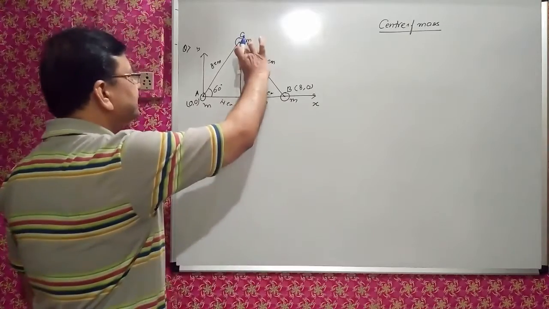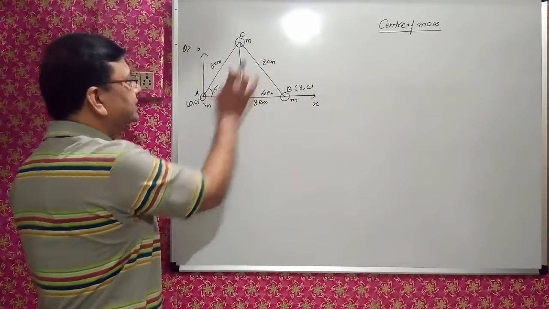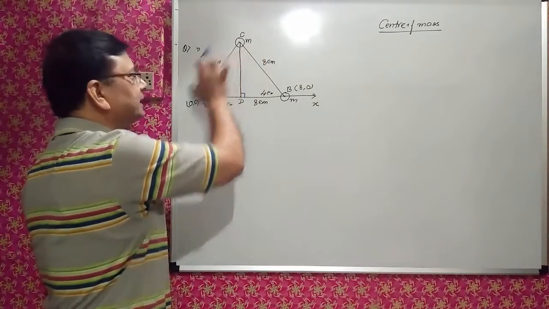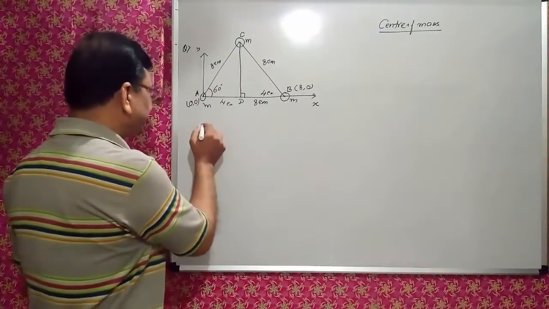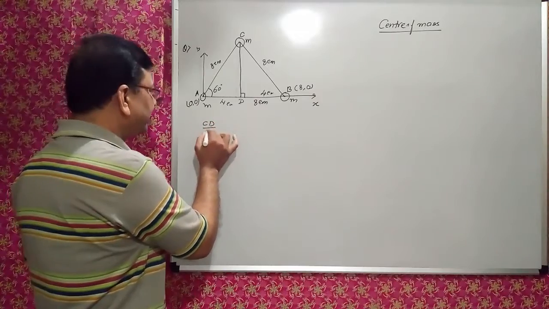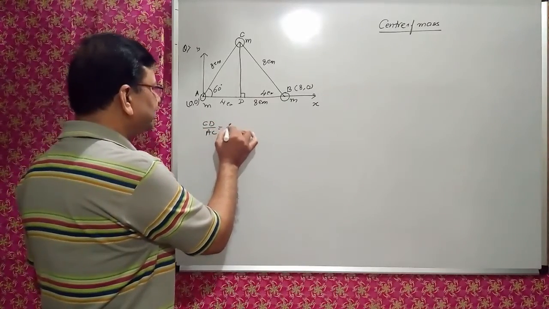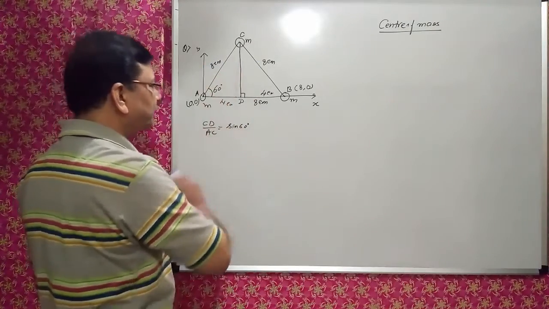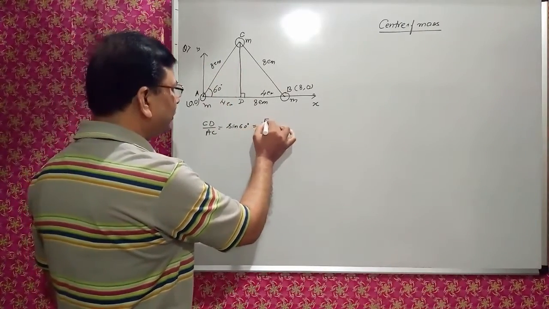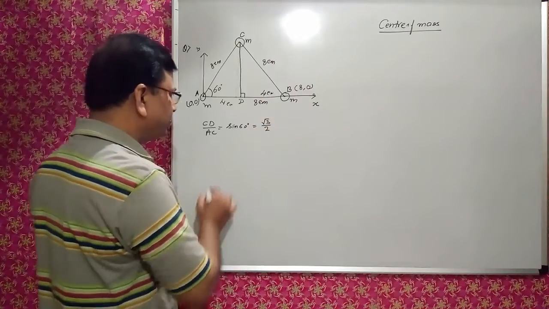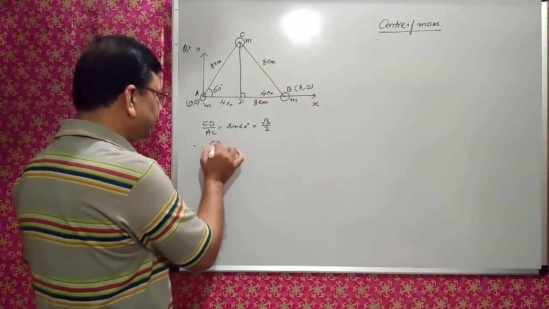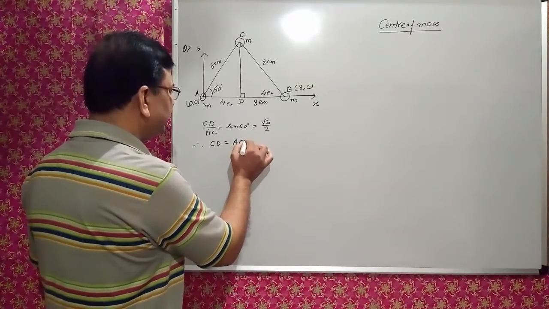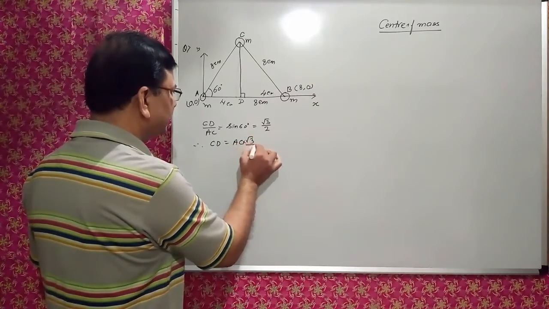Now we see CD upon AD, or CD upon AC. Either way, we can write CD upon AC, that is equal to sine 60 degree, perpendicular upon hypotenuse, and sine 60 we know that is root 3 by 2. Therefore, CD is equal to AC root 3 by 2.